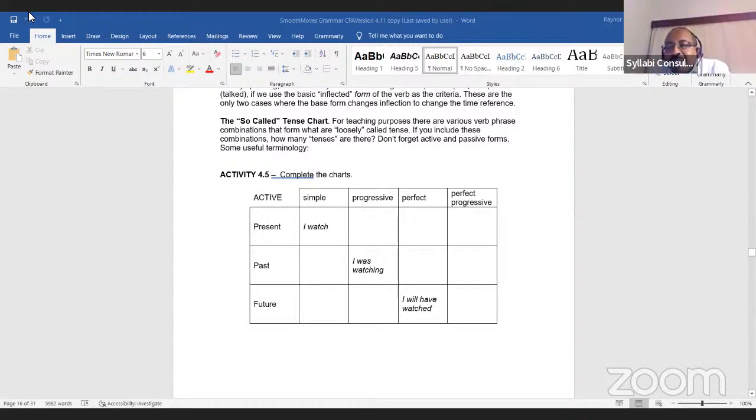Why do you need to have a perfect and a perfect progressive? If you were to say the same thing, I've been watching baseball since I was 7, what difference would it make, to my understanding? There is a difference. Let me say this right.